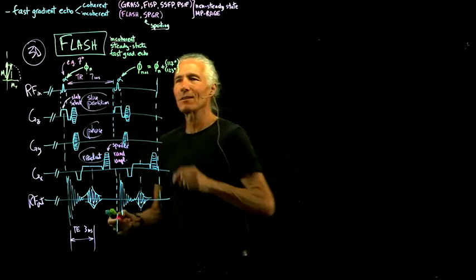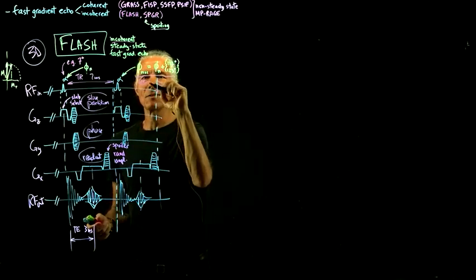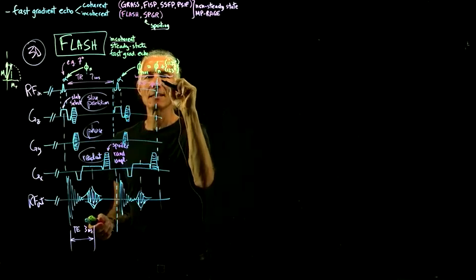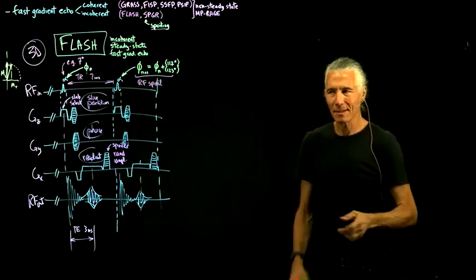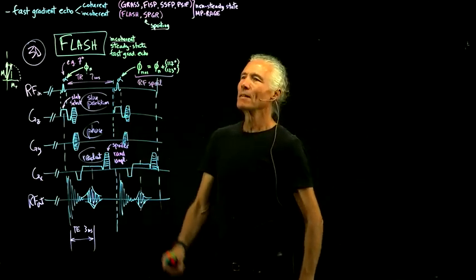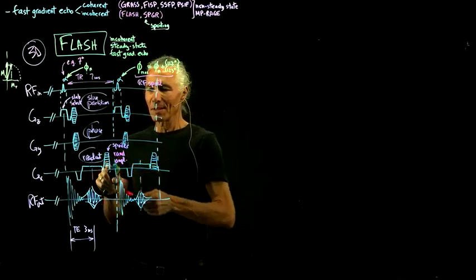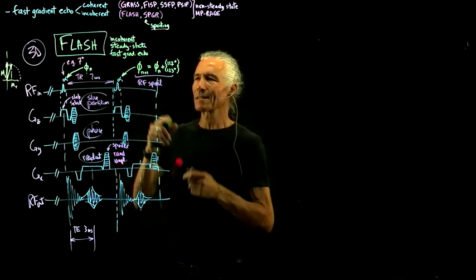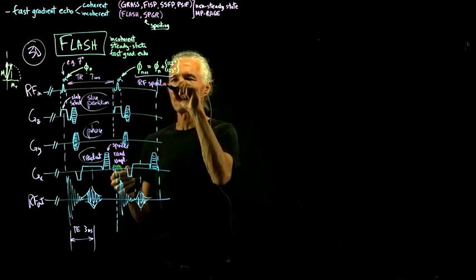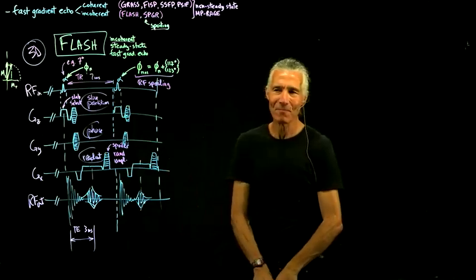And this is called RF spoiling. So we do that too. That's available on the scanner. You can click it off and see what happens. The images don't look as good. So this guy was the gradient spoiling, and this guy is RF spoiling. We're making lots of efforts to spoil things.